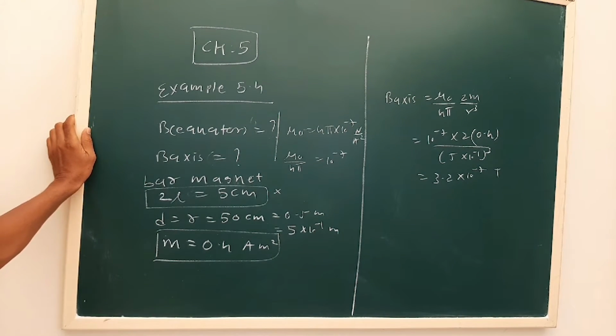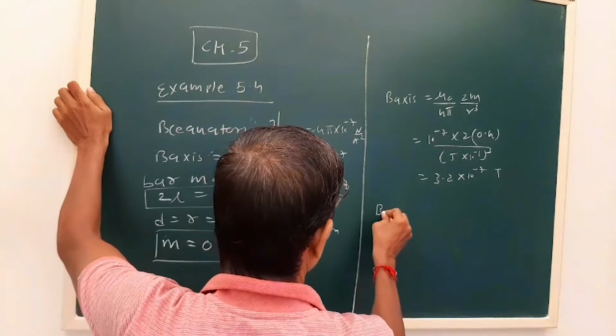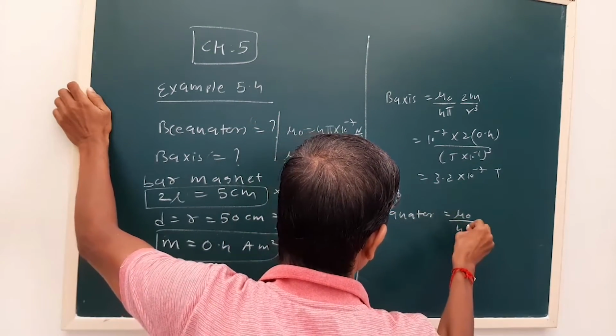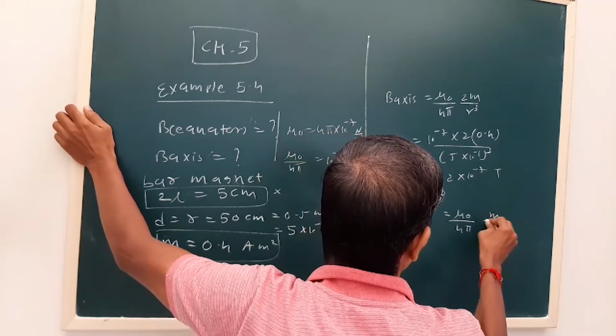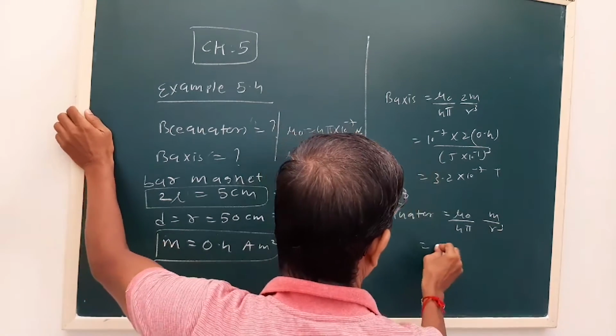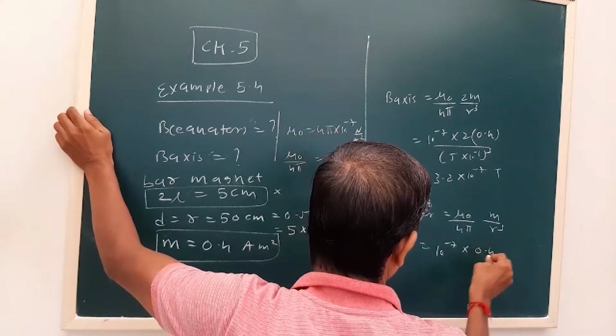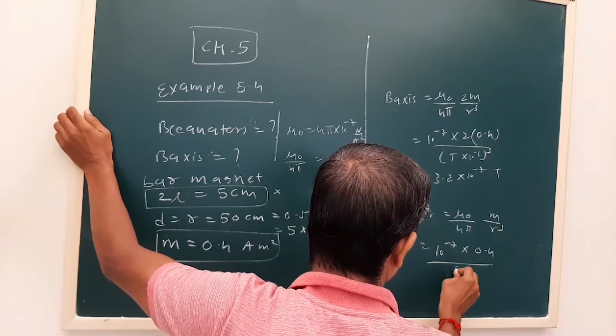Now similarly on the equator of a bar magnet, it is mu 0 upon 4 pi, m upon r cube. So it will be 10 to the minus 7, into m is 0.4, into 5.